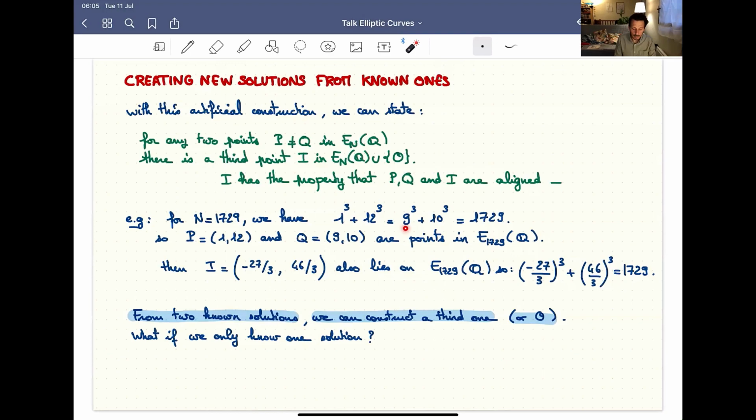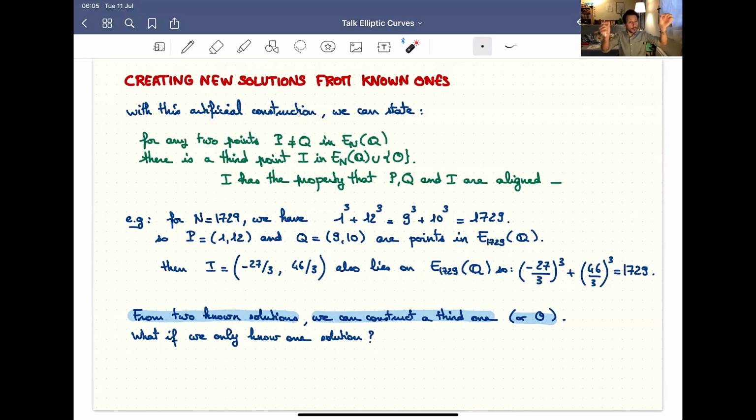And also that 9 cubed plus 10 cubed is 1729. So this is sort of the world of arithmetic. And then with geometry, you can say that the point P with coordinates 1 and 12, and the point Q with coordinates 9 and 10, are both points in this set E_n(Q), where n is 1729.